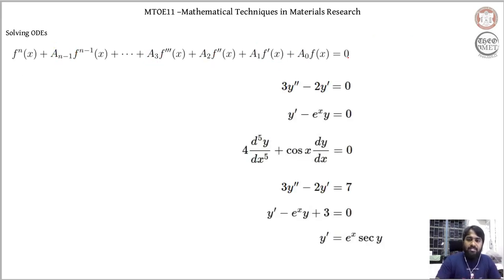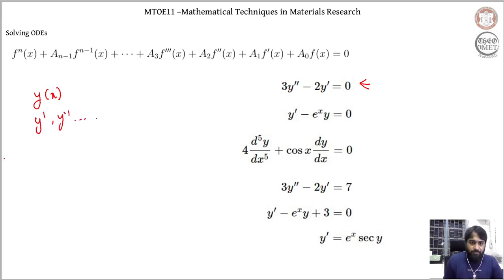Now, let us consider this set of examples of different ODEs that we have before us, starting with the first one. In all these expressions, each of the ODEs is defined with respect to a function y. The derivatives of this function are represented as y prime, y double prime, and so on.